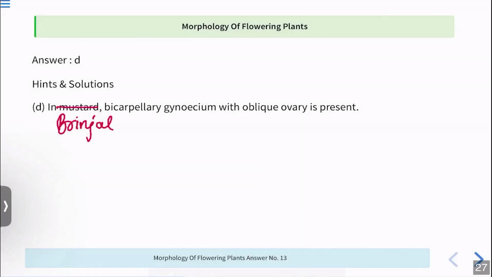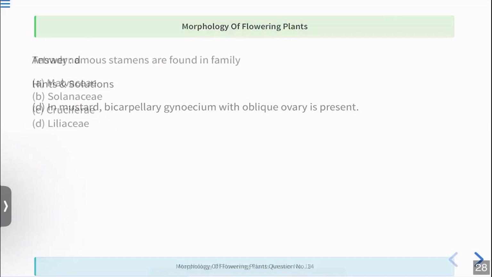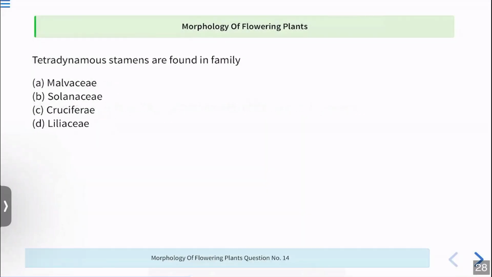Okay, we'll move on to the next question. Tetradynamous stamens. Tetradynamous, you can clearly guess. Tetra means four, and dynamous.